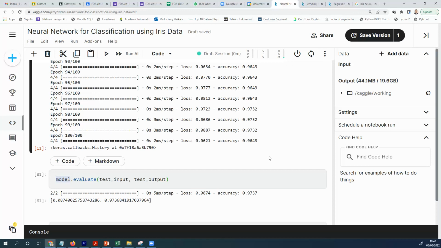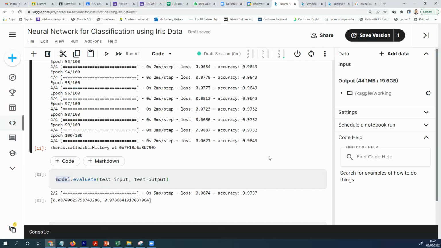Okay, got it, Pak. I think this Kaggle has a capacity limit, right, Pak? Because it's free. How many iterations can it handle? I don't know for neural networks. Usually I use Jupyter notebooks.